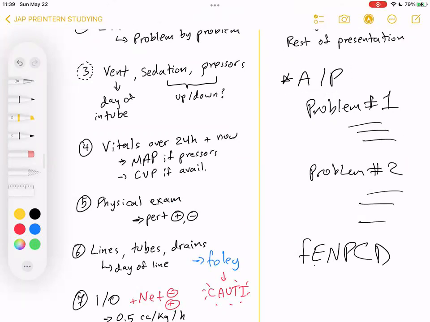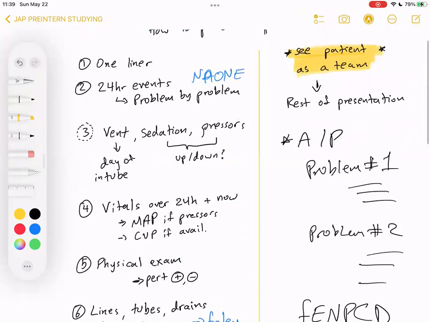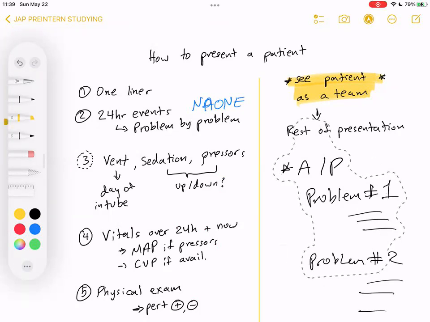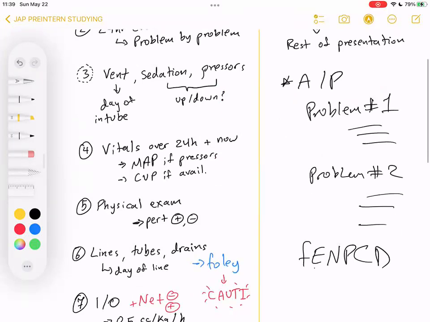As an intern, it's easy to do all these on the left side. The left side is the easy stuff, because this is all just regurgitating things that are already in the chart. But here is really the synthesis part on your behalf. You have to think about what to say and how to present these patients. Okay, cool.